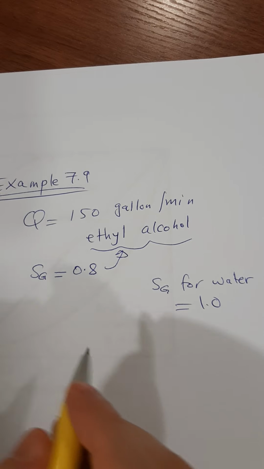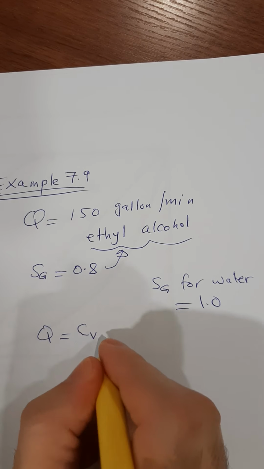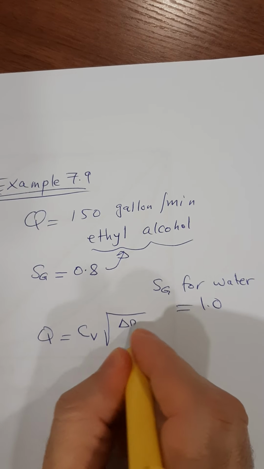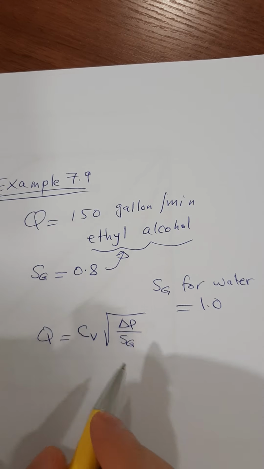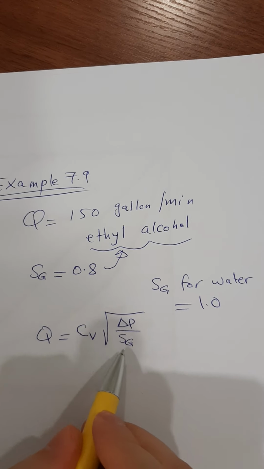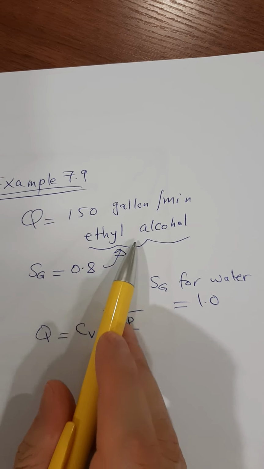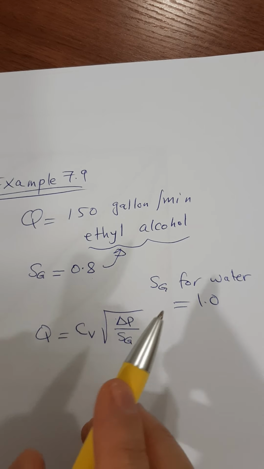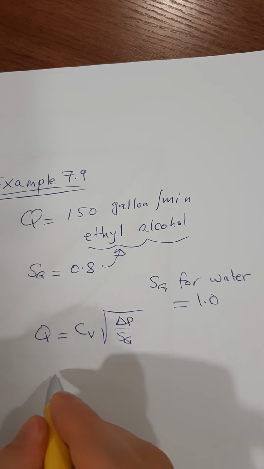So here we use the equation again: Q is equal to CV times the square root of delta P over SG. SG is the specific gravity. I forgot to mention this. And for ethyl alcohol, it is 0.8. So in this case, we need to calculate CV.